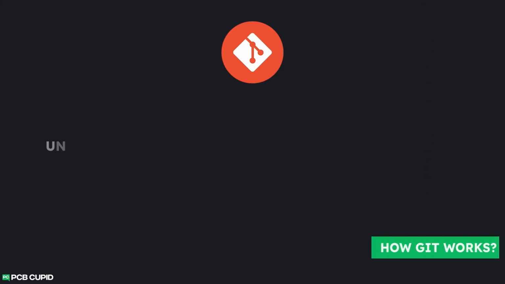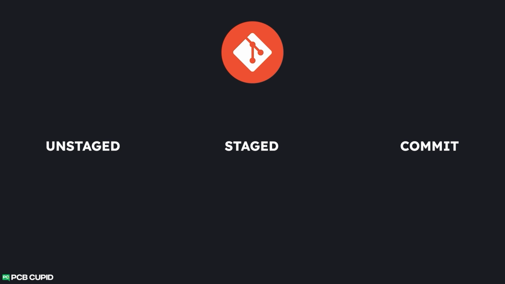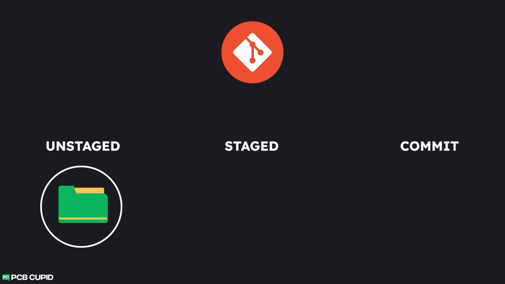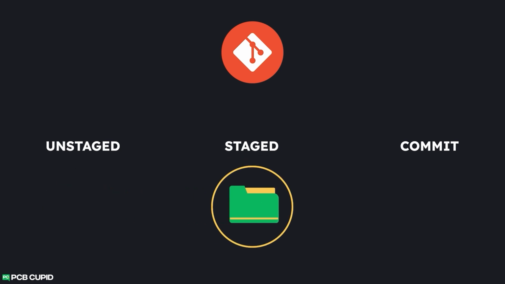Git version control works in 3 stages. First, we have unstaged. In this stage, Git just observes the files that are not tracked or files that are just added to the repository. To make Git aware that we need to track these files, we need to stage them. And this is where we usually review our work and see if everything is good before making these files or changes into a new revision.